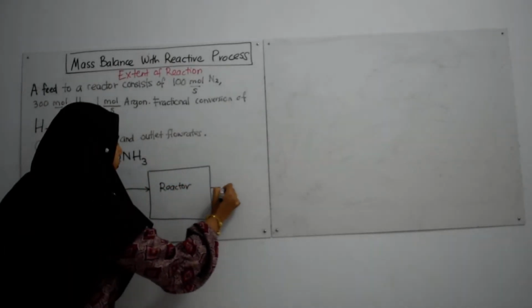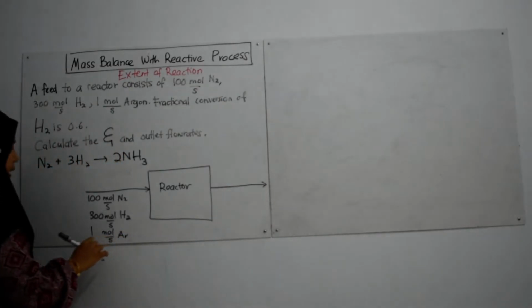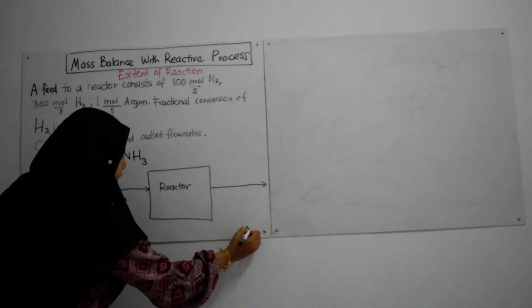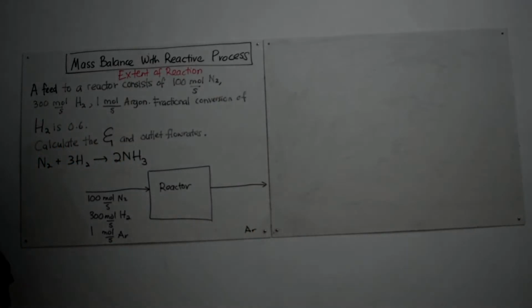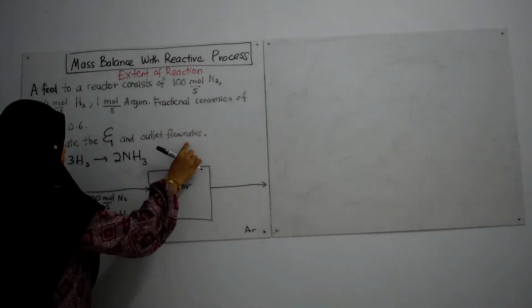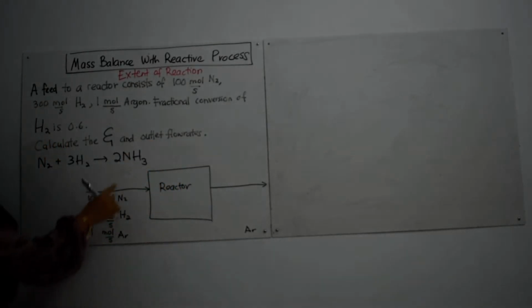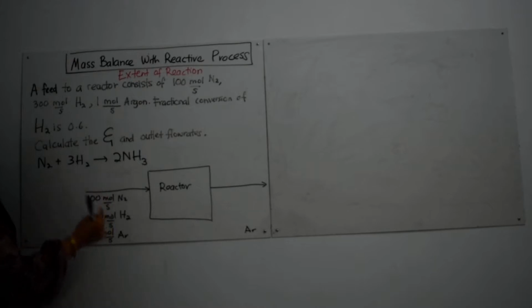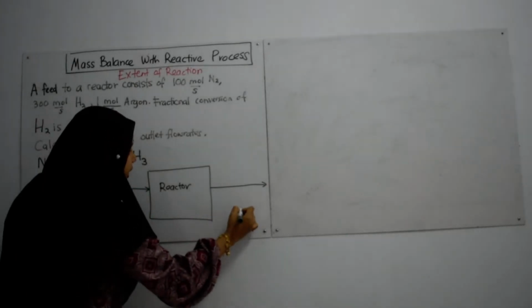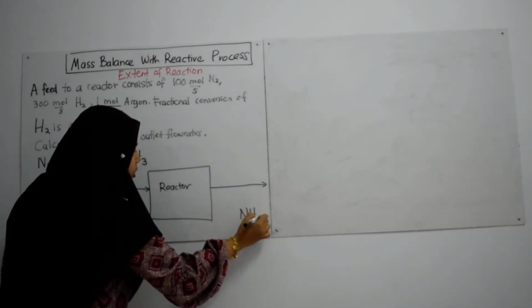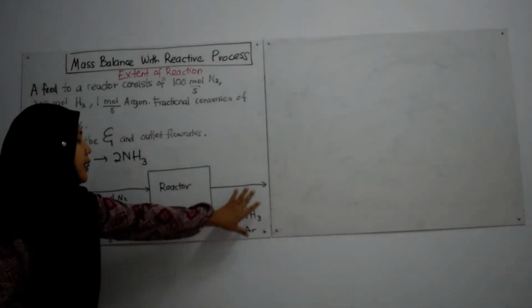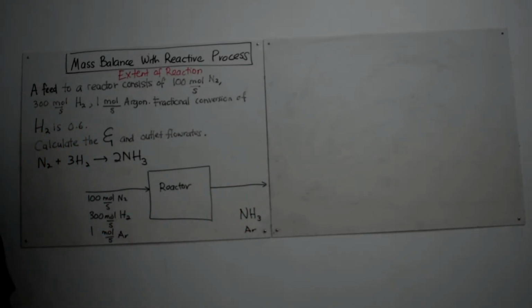Normally an inert compound will come out with the outlet as well. The question wants you to find the outlet flow rates for the process. Of course, you expect to have ammonia, because you produce ammonia. What else will exist here?